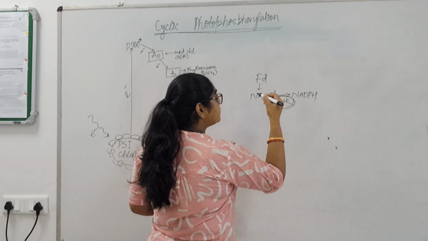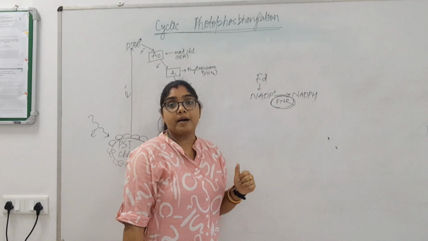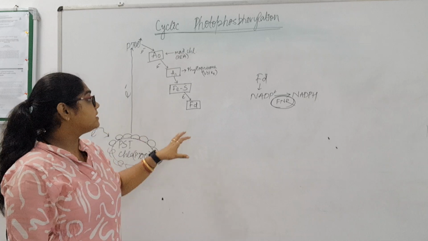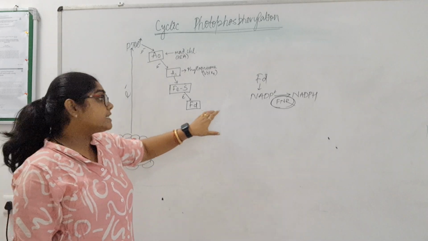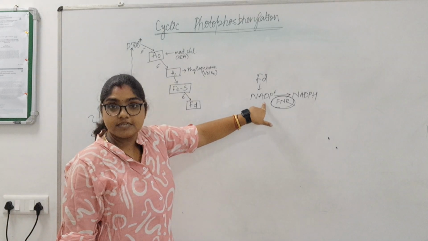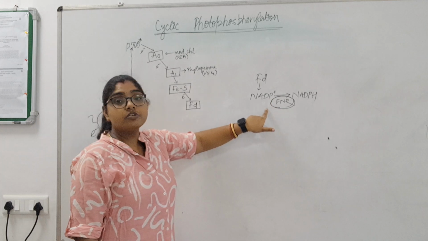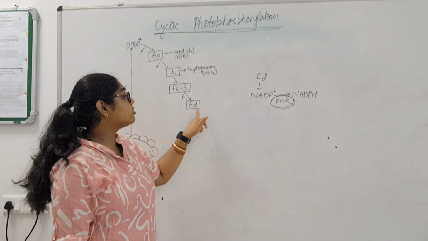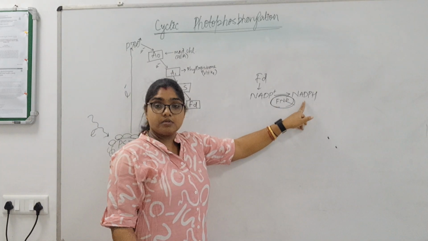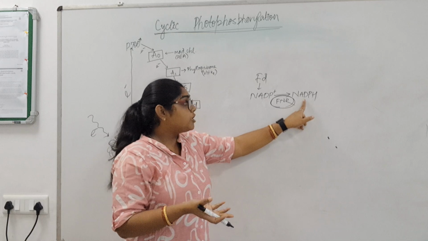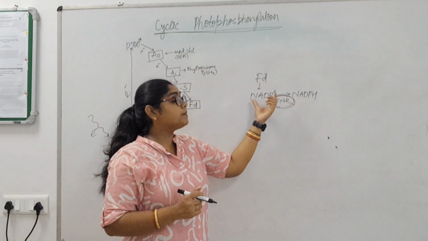This is a part of the non-cyclic pathway. But in the cyclic pathway, NADP+ is absent. So there is no electron acceptor which can accept this electron and produce NADPH.